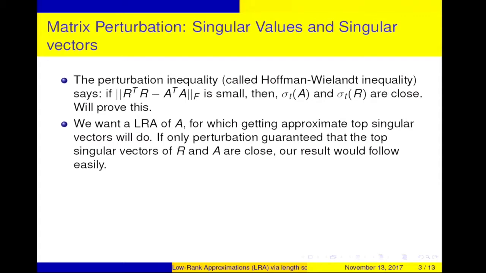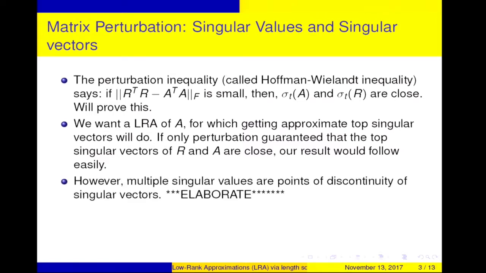Okay? Unfortunately, that's false. Even though perturbations don't change singular values too much, they can completely change singular vectors. Okay? Singular vectors are singular. That's maybe one reason to call them singular, but singular values are not. So multiple singular values are points of discontinuity of singular vectors.